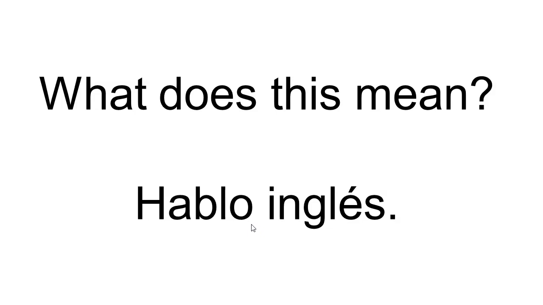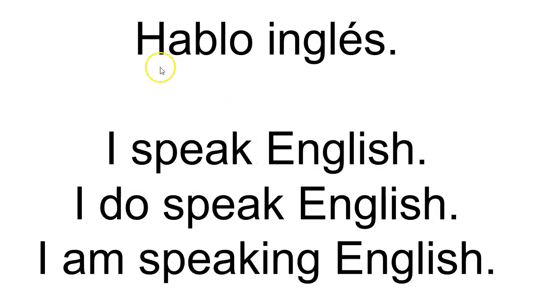And I will say, yes, it does mean that. That's correct. But a conjugated verb in the present tense can mean at least 3 things, depending on context. So hablo inglés can mean I speak English, but hablo inglés also means I do speak English, just depending on the context.